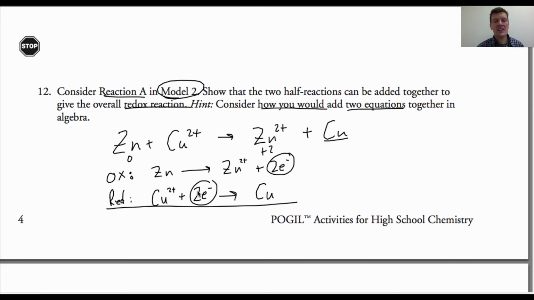Once that's true, then you can add these together, and I just add all the reactants together on one side, and I add all the products together on the other side.